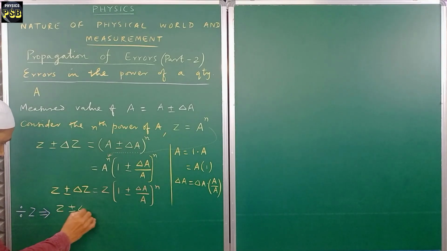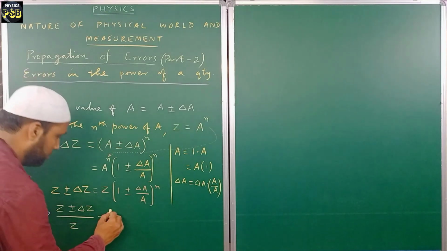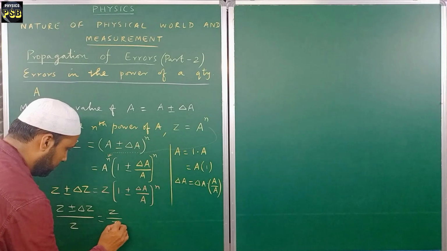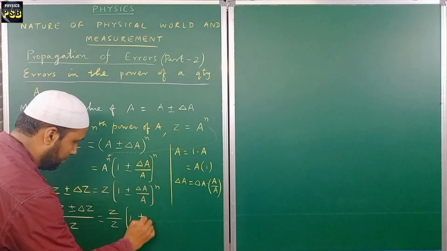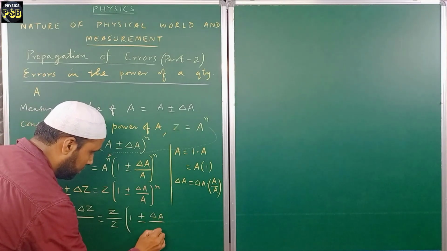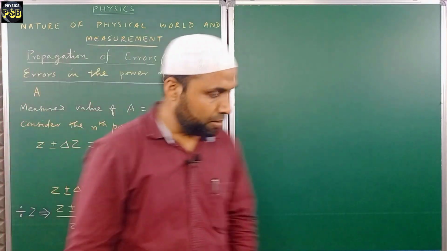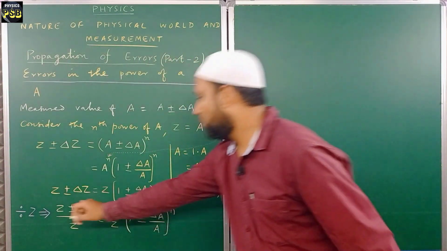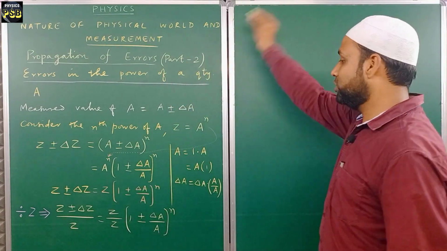Z plus or minus delta Z upon Z equals Z upon Z times 1 plus or minus delta A upon A, whole power n. Okay. Now I am going to expand this portion of the equation.